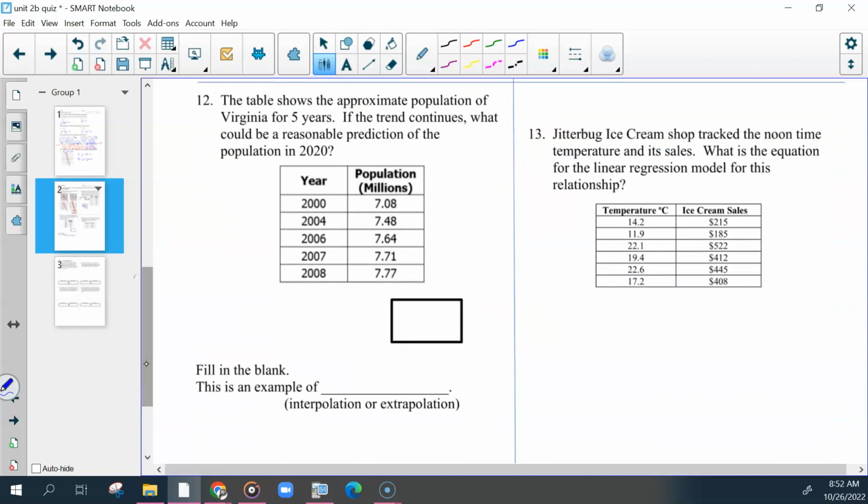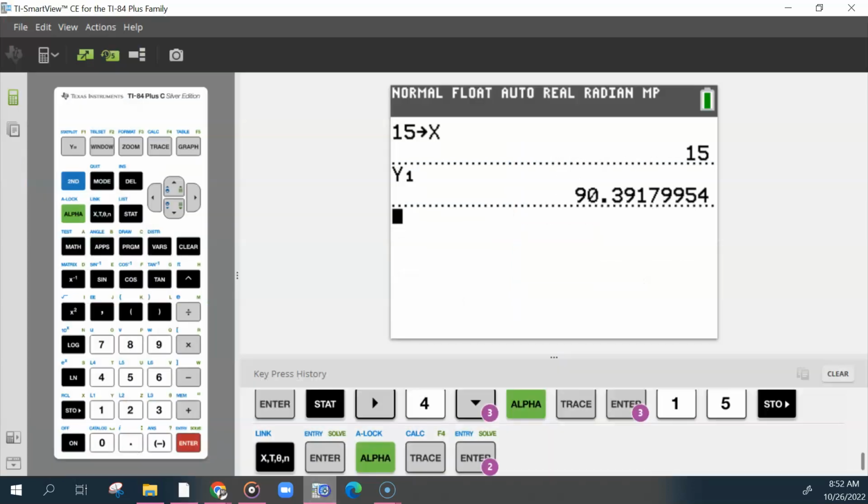For 12, similar, except you need to change your years first. The first year is always 0, and then count how many years it has been since. So since 2000, it would be 4, 6, 7, and 8. So you would put this into your table.